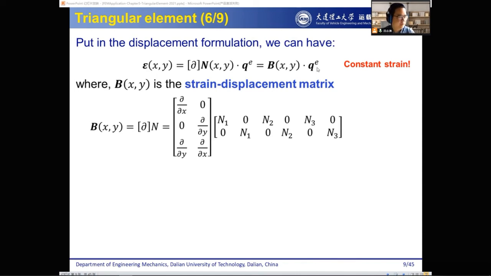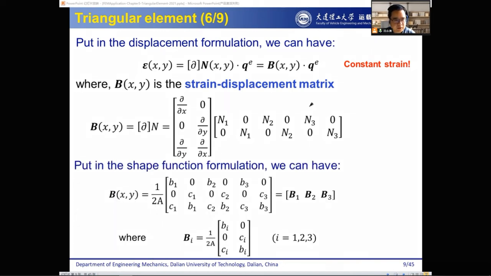This is important because, similar to the bar and beam element, we want to arrange the strain formulation in terms of the strain displacement matrix and the node displacement matrix. We want to arrange it in this format. Then we can use it to obtain the stiffness matrix equation.